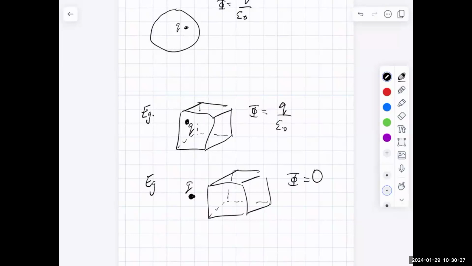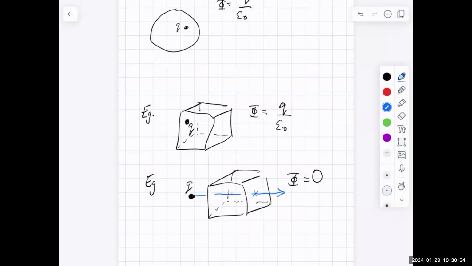And remember, the idea is that if I have a charge outside of my closed surface, then it's going to have electric field lines that pass through the surface, but every line that enters will also exit.